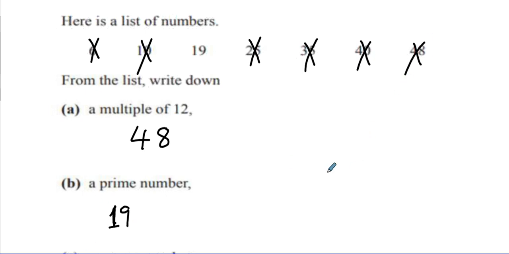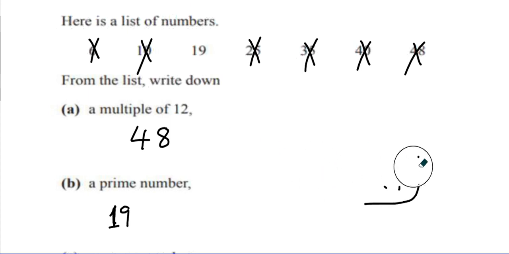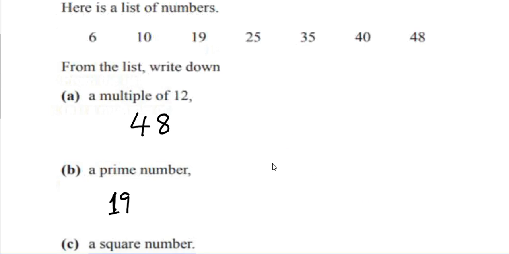Why 19? Because it has only 2 factors. It is divisible by 1 and also it is divisible by itself. So a prime number is any number which has only 2 factors. I hope that helps. Then let's go to the next question.